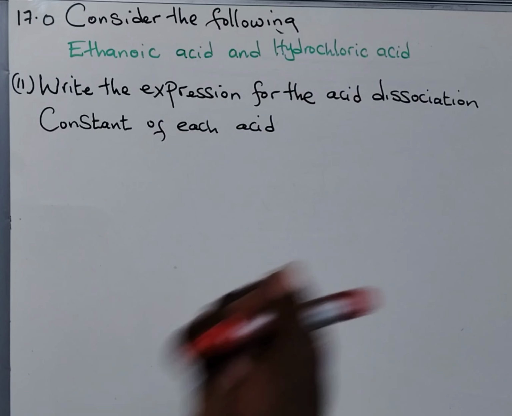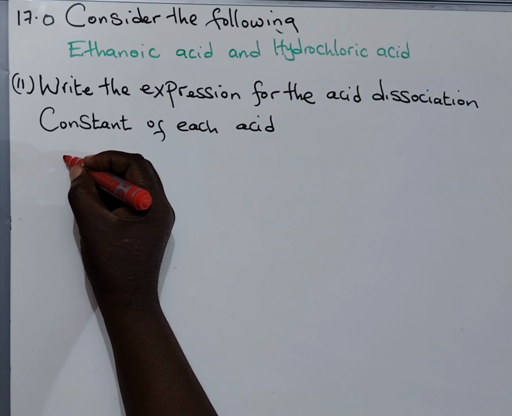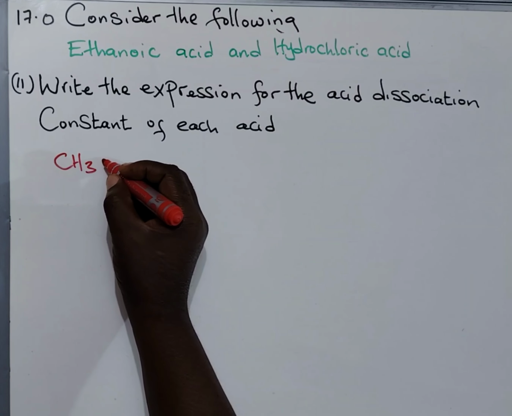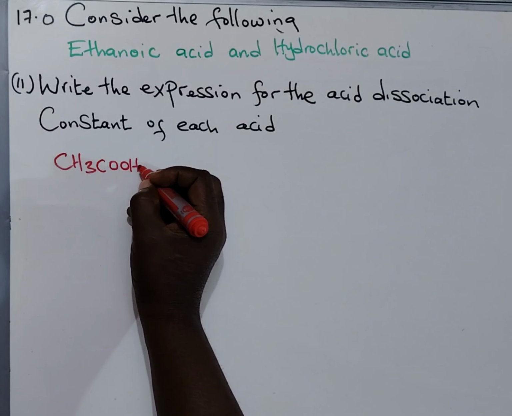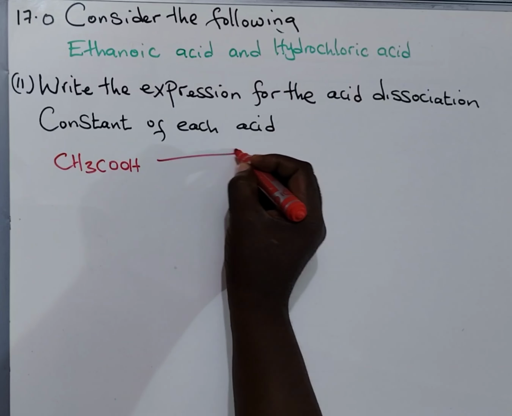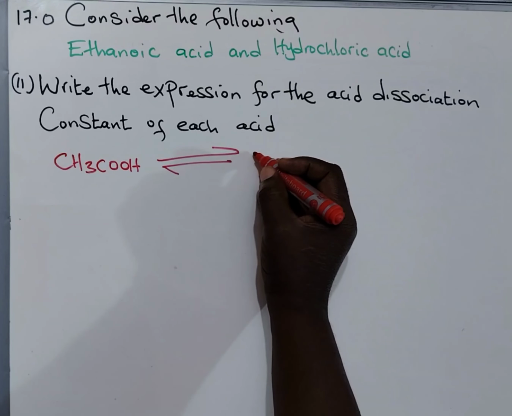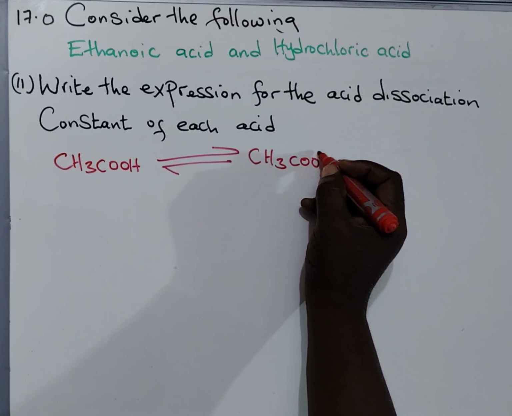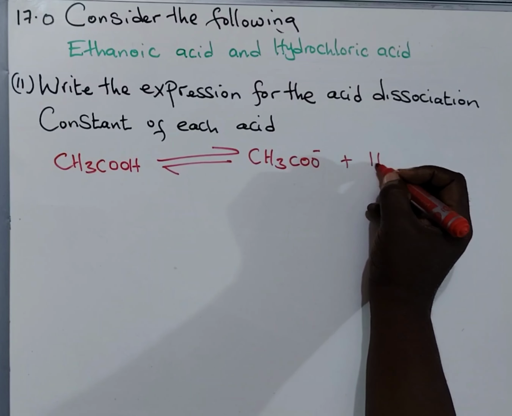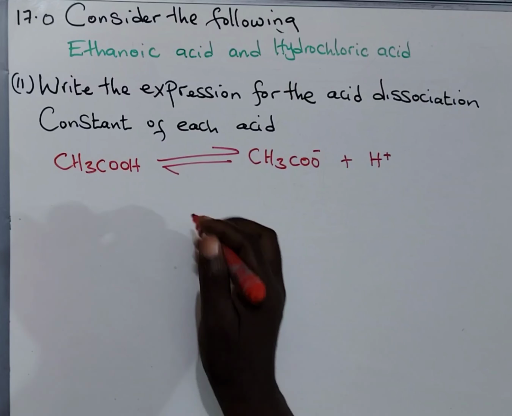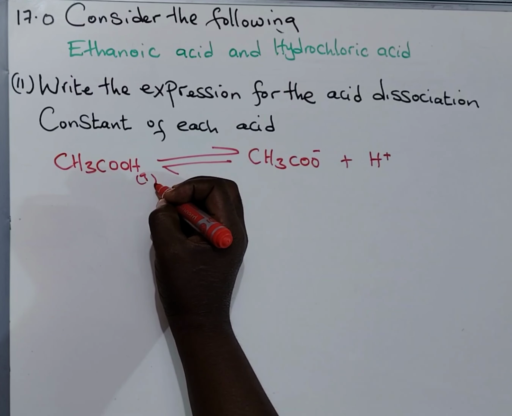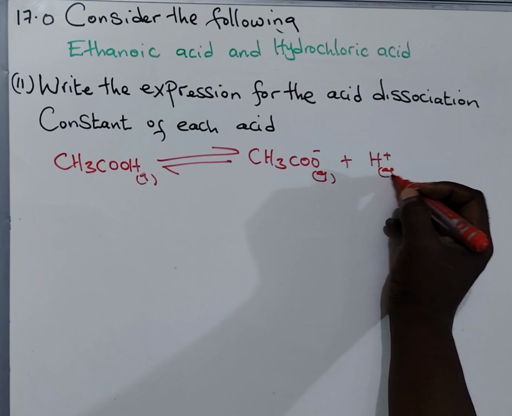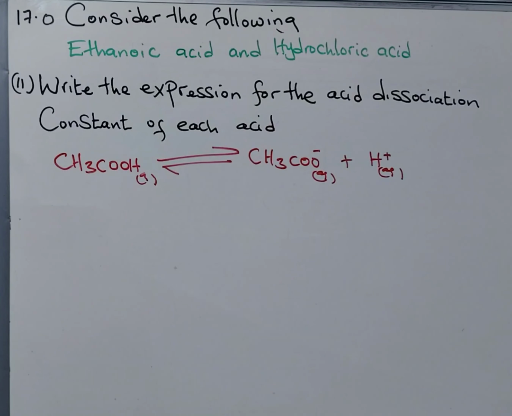So if the equilibrium for ethanoic acid is CH3COOH, on ionization we get CH3COO minus plus H plus, and all are aqueous.